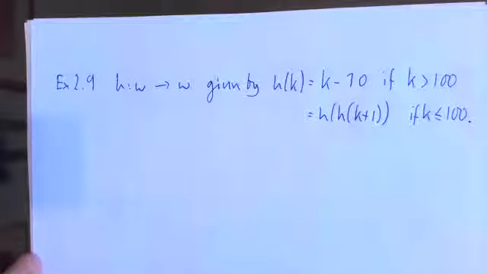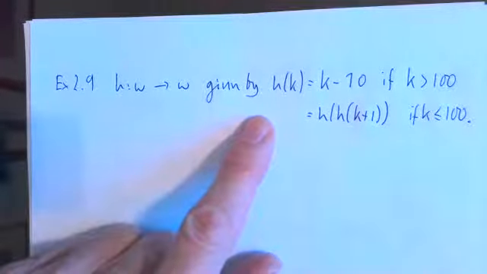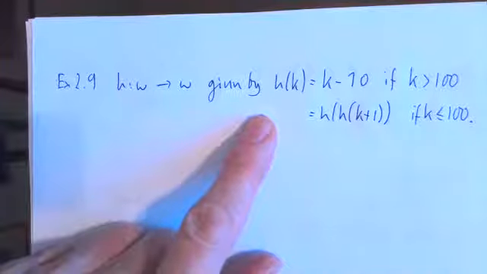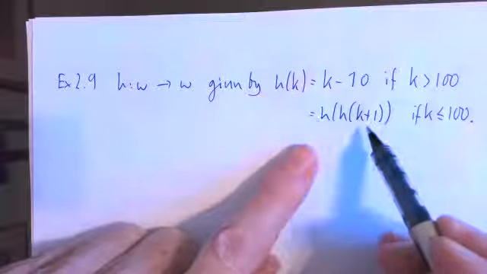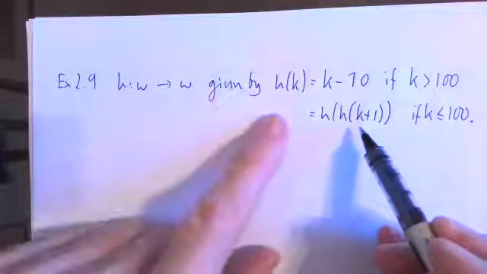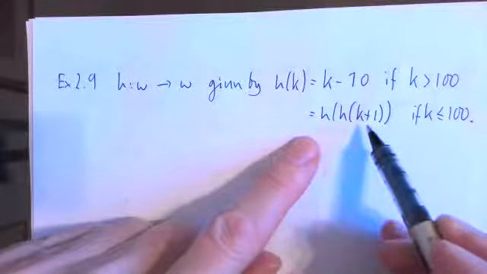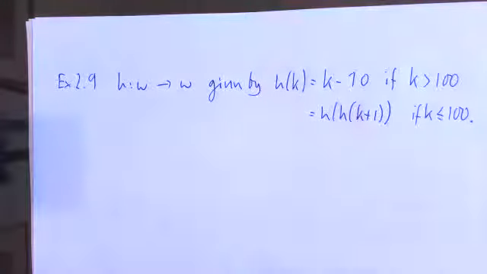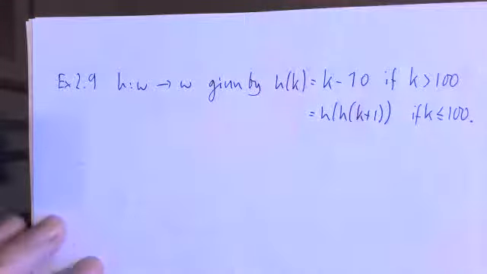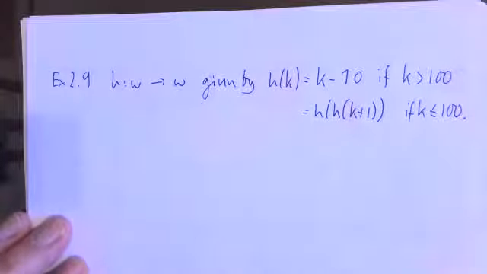So you're being asked in the exercise to give a definition to make it look more like a standard recursion, perhaps a definition by cases. The problem is that h of k is not being defined in terms of previous values, h of l for smaller l, but in terms of h of k plus 1. So this doesn't look like an ordinary recursion, and you might wonder whether it's a decent definition at all.